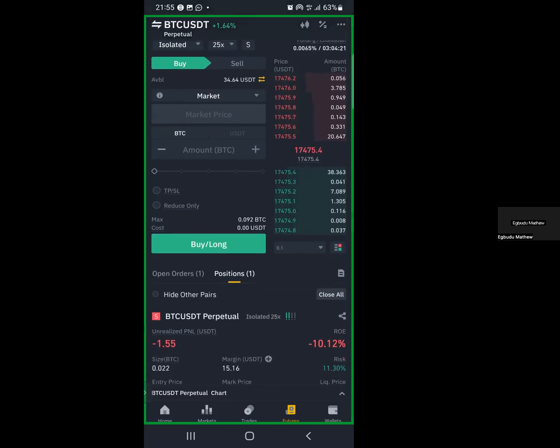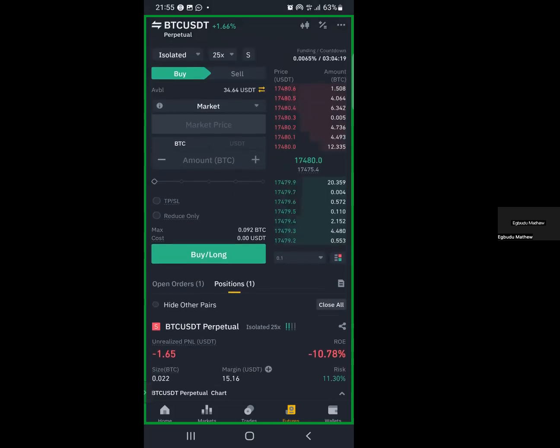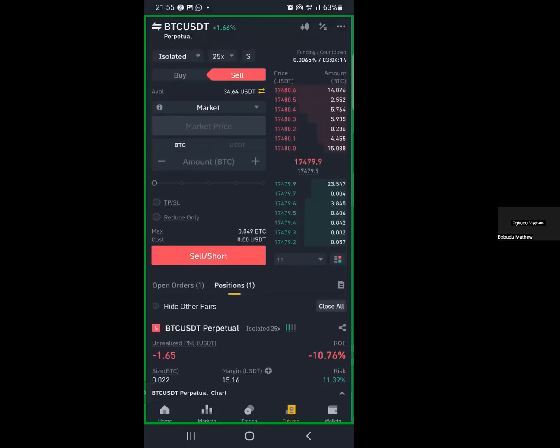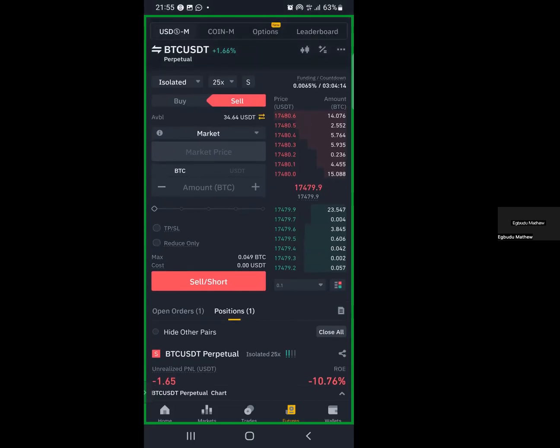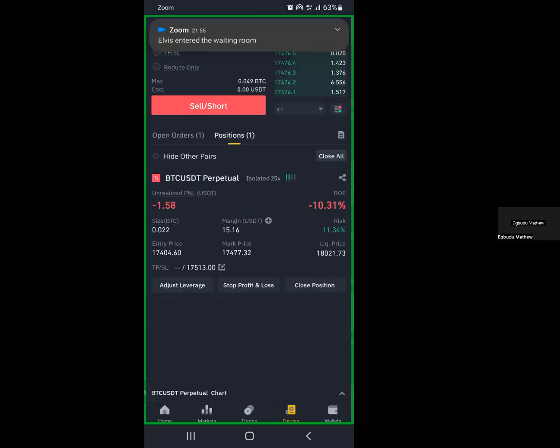When a signal is being sent, let's say I want to go long. Okay, let me just take a sell position for, okay, I have a trade running already. When a signal is being sent, you see signal like long or buy. It means you should buy the futures contract.